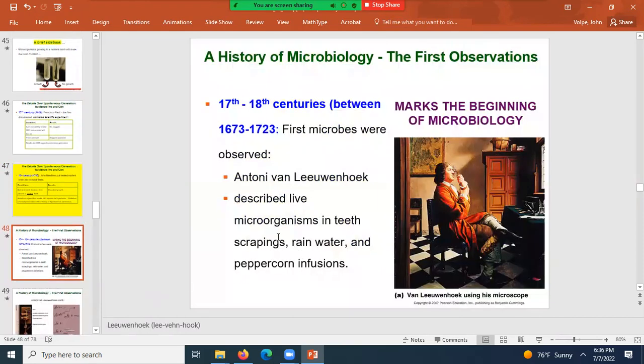But let's go back to the history of microbiology. The history of microbiology began with the first observations. And the first observations of microbes were done by Antony van Leeuwenhoek. I'm not Dutch, so I could be butchering his name.